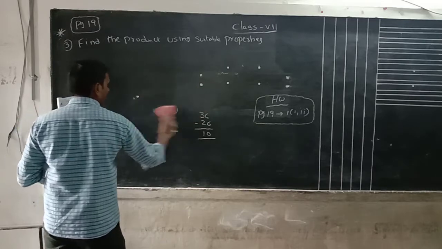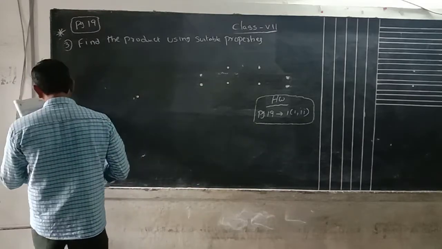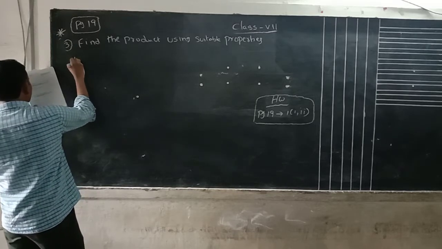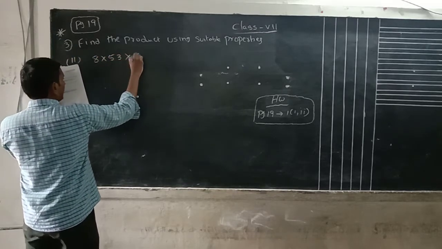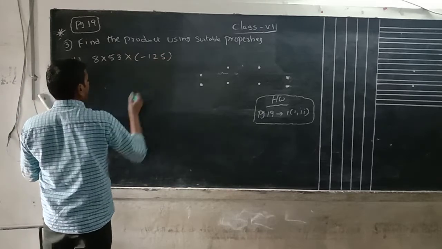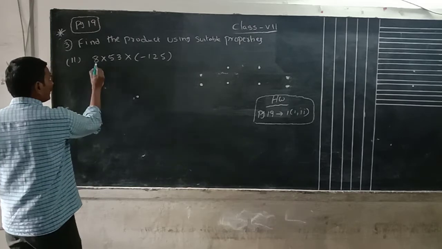We go for the next question. Second question: 8 into 53 multiply minus 125. Here we have to interchange these.